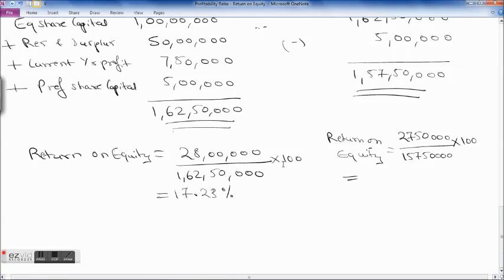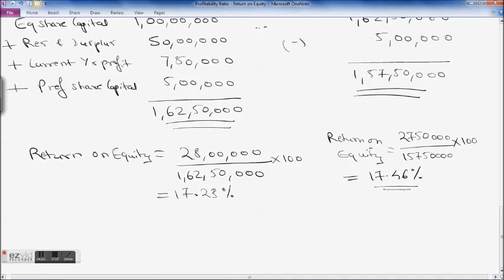So how much does that come to? 17.46%. Since the amount of preference share was very less as compared to the equity share capital and reserves and surplus, and current year profit, there is not much difference when you calculate your return on equity including preference shares and excluding preference shares.